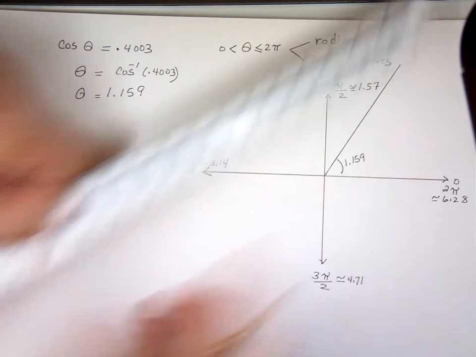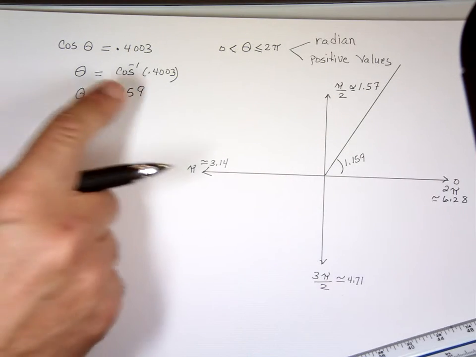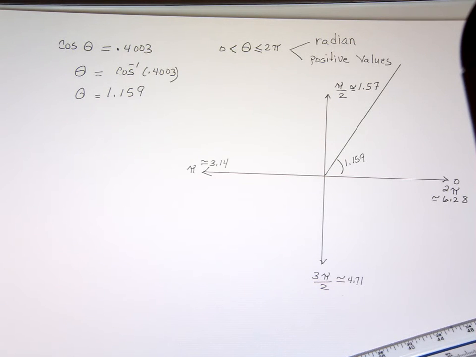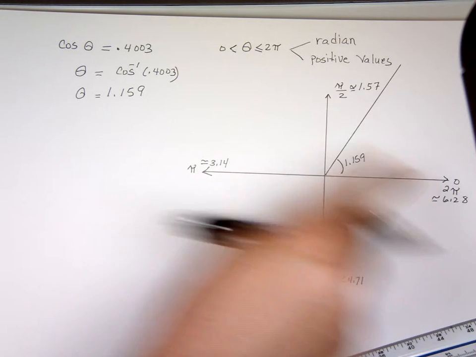And that angle is good. It's a positive number, and it's between 0 and 2 pi. So that answer is good. Is that the only answer? No. You always have two answers, unless you're on the line, on the axes.